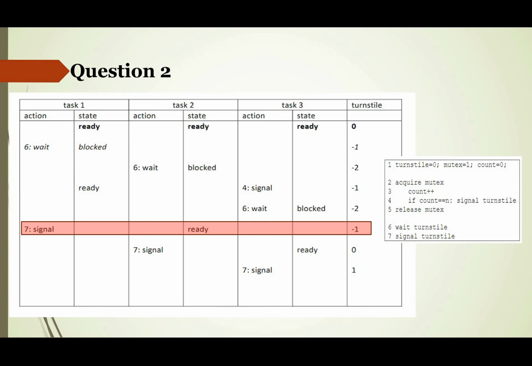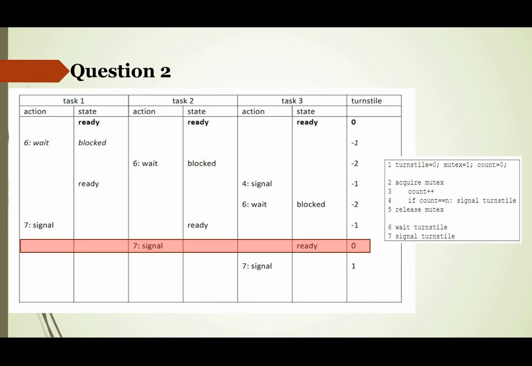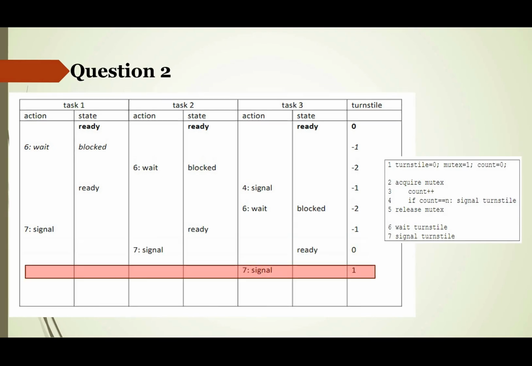Then we have the signal at line 7 in the code for task 2. Again, it increases the turnstile. The turnstile would be 0, and task 3, which is the last task that is blocked, will be unblocked, and it gives the signal at line 7 here.